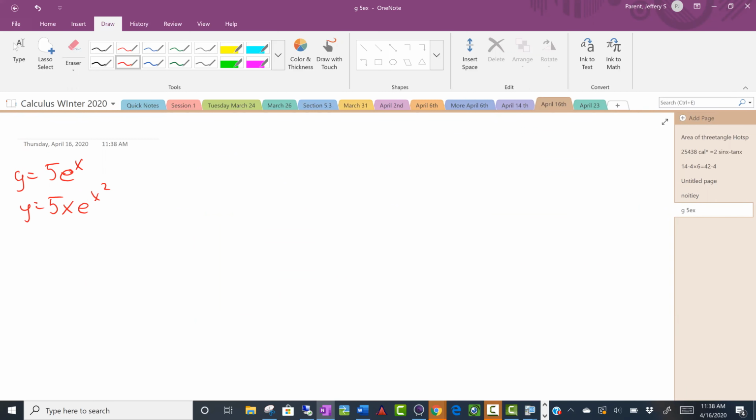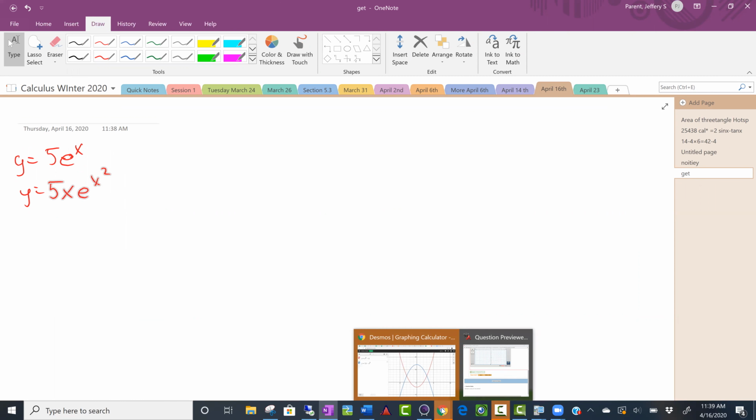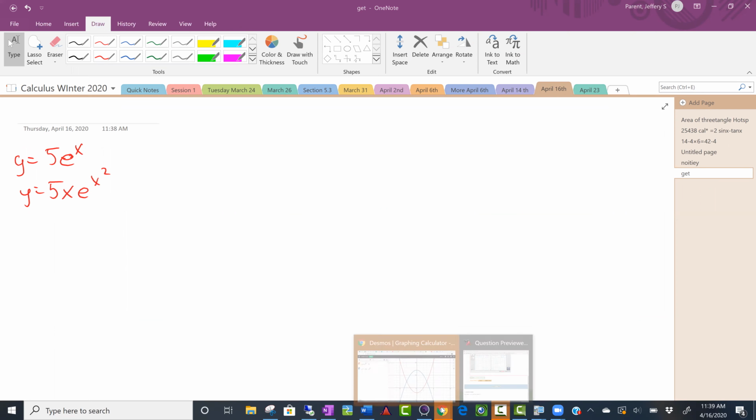Well, tell you what, let's look at these graphs here and just make sure that we're in good shape as far as the graphs are concerned. As far as the upper and lower one, did you say the limits were 0 to 1? Yeah, the graph shows it pretty clear. The red curve is the upper curve, the blue curve the lower curve. So it's 5e to the x minus 5x e to the x squared.